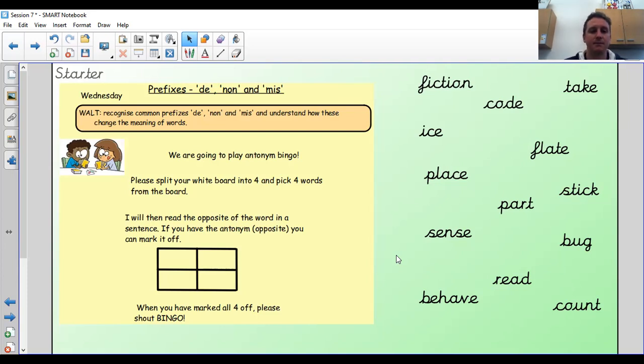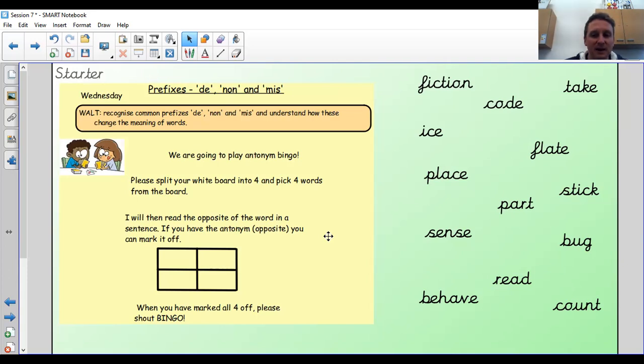Okay, let's play. The first word that I'm going to say is the word, let's go for non-stick. Okay, so non-stick. The next word I'm going to go for is deflate. Deflate.